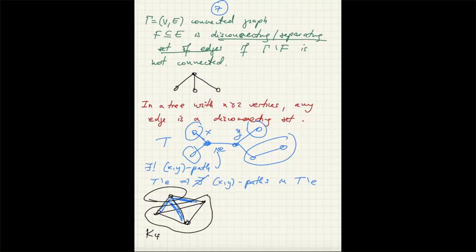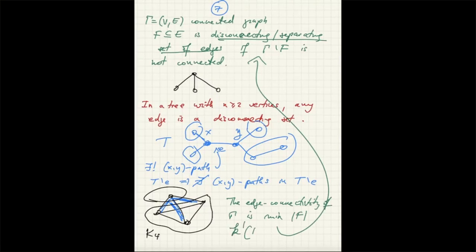Now, similarly as before, we can define the edge connectivity of gamma as the minimum cardinality of such F. Okay, so this is denoted by k prime of gamma.